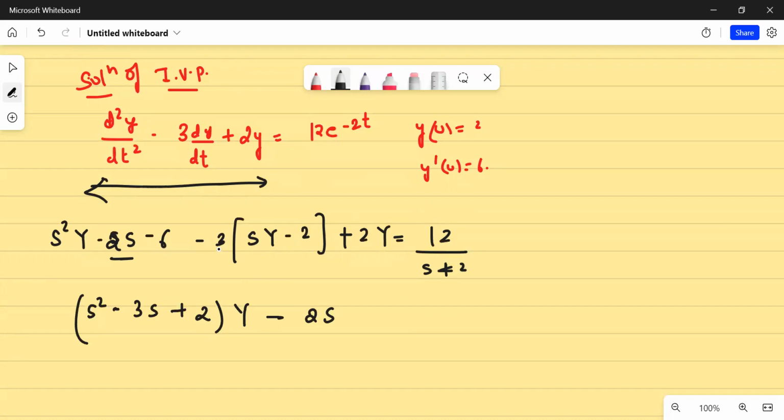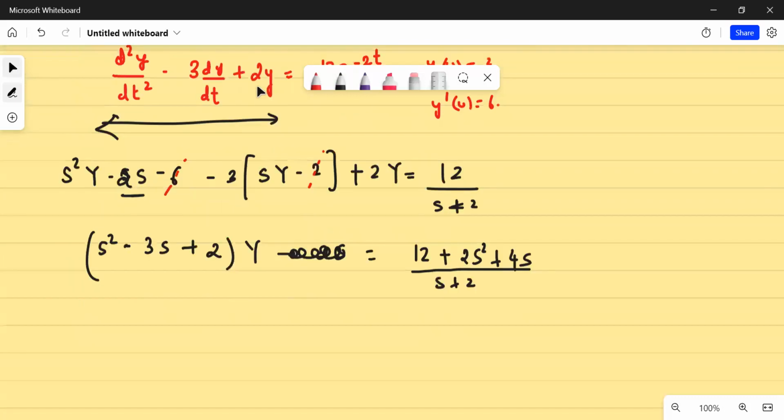Is that clear or not clear? Because this minus 6 plus 6 will get cancelled. See, this is minus 6 and this is plus 6, so this will get cancelled and you have this term 12. And if you take this term there, you get plus 2s square plus 4s divided by s plus 2. I'll take that also there.